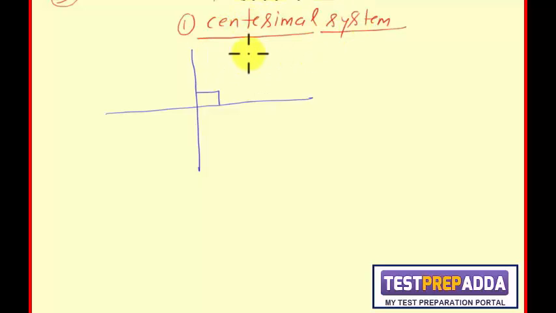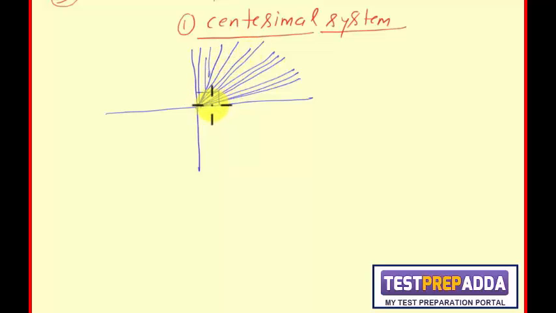In this system, we divide this right angle into 100 equal parts called grades.